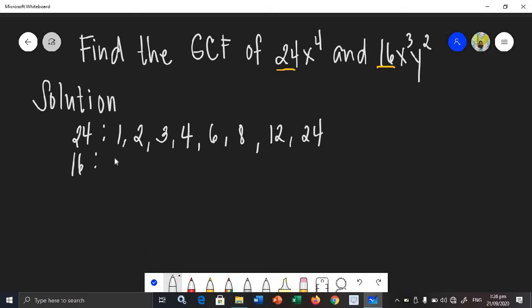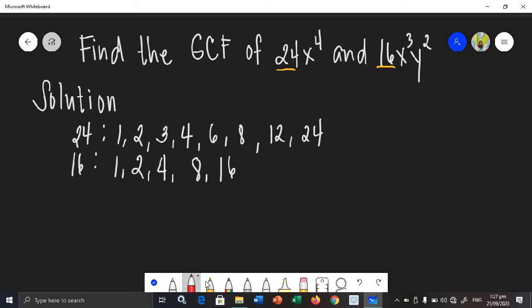How about 16? Pwede 1, and then pwede 2. How about 3? No. 4, yes. 5, no. 6, no. 7, no. 8, yes, pwede. 8 and then 16. So these are the factors of 16.